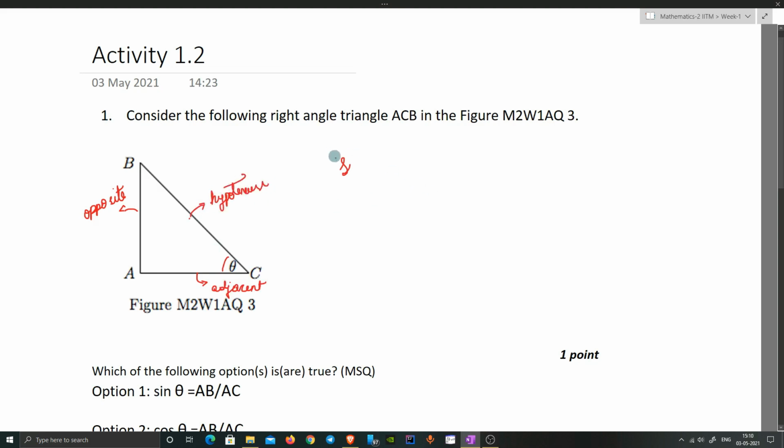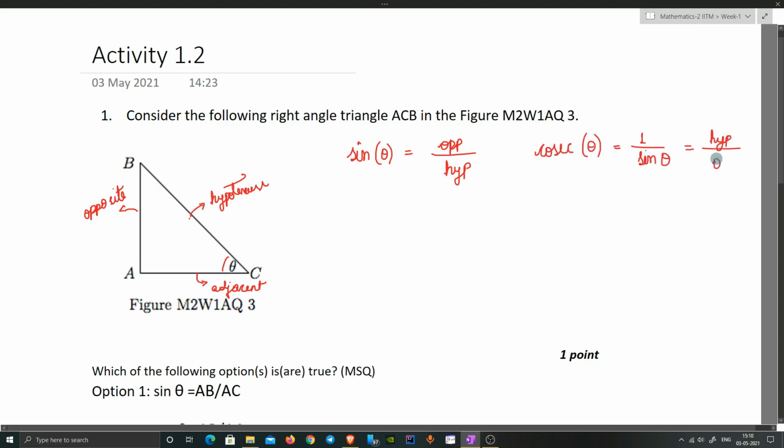Now the definitions of different trigonometric functions: sine of angle theta is given by opposite side divided by hypotenuse, right? Cosecant theta is the reciprocal of sine, that is 1 by sine theta, which equals hypotenuse by opposite side.